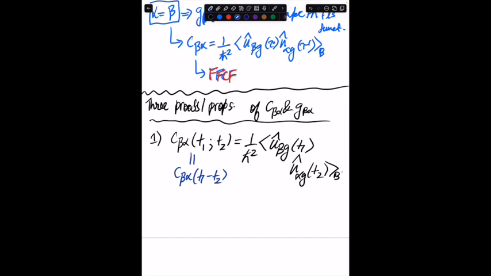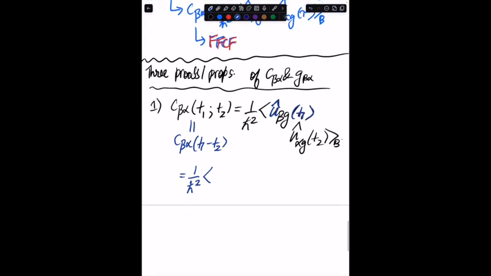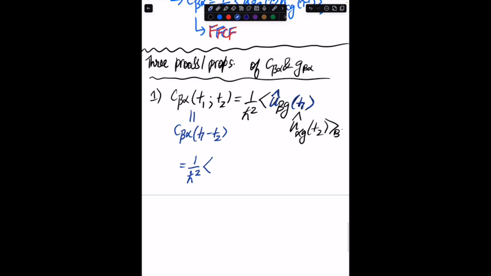Right, this is quite easy to prove. You can just write this as 1 upon h bar square, and you have this energy gap operator, which is traversed in time t1 by means of your path Hamiltonian, as we have previously discussed.